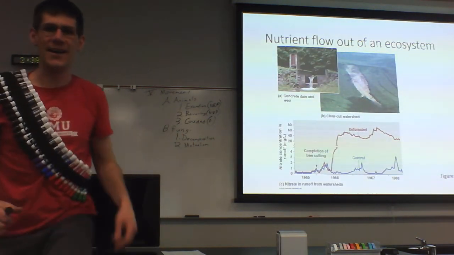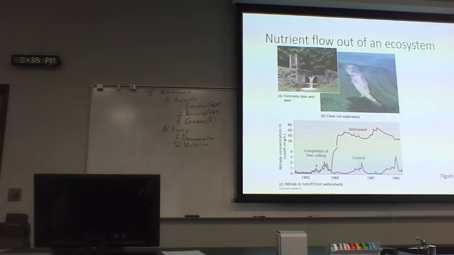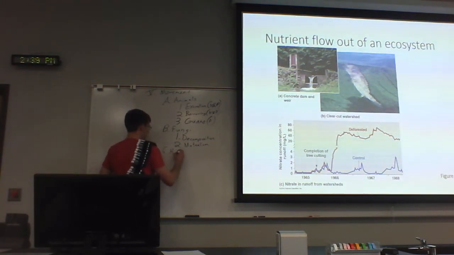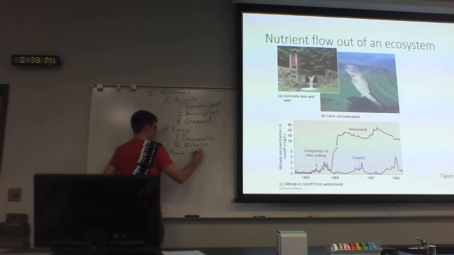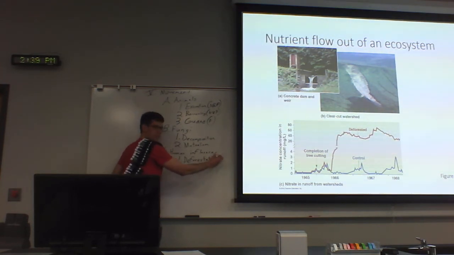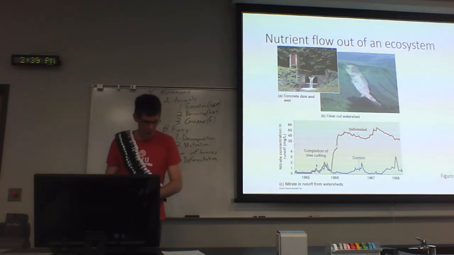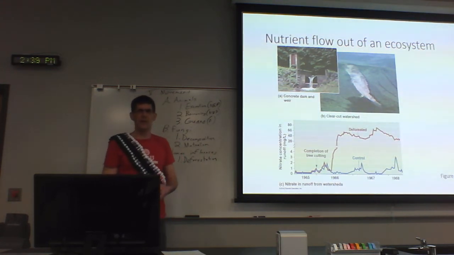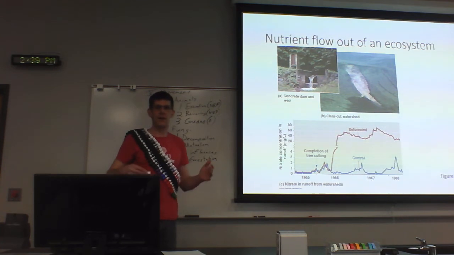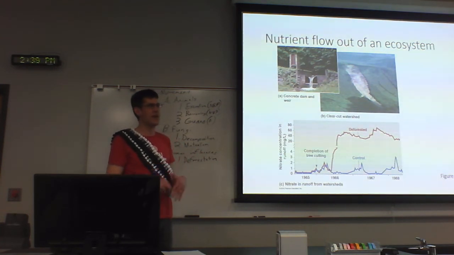Nutrient flow. Ah yes, human influences on nutrient flow. First off, deforestation. So deforestation decreases the amount of carbon, nitrogen, and phosphorus, as well as water, that are present in an ecosystem.